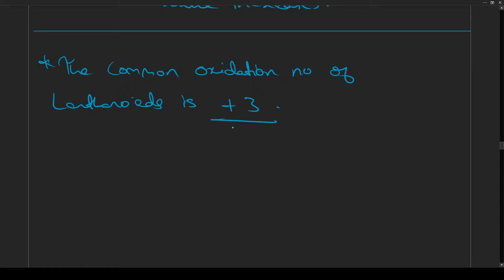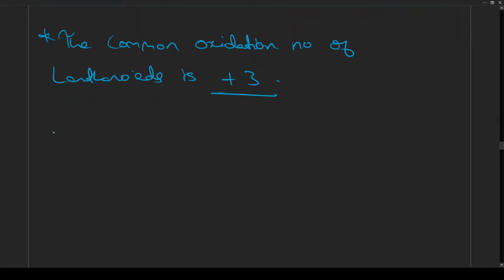There are exceptions here. If we talk about exceptions, europium and ytterbium show +2 oxidation state.